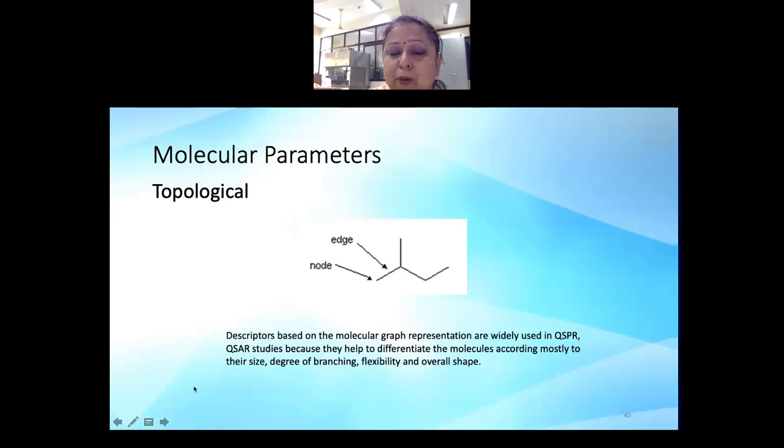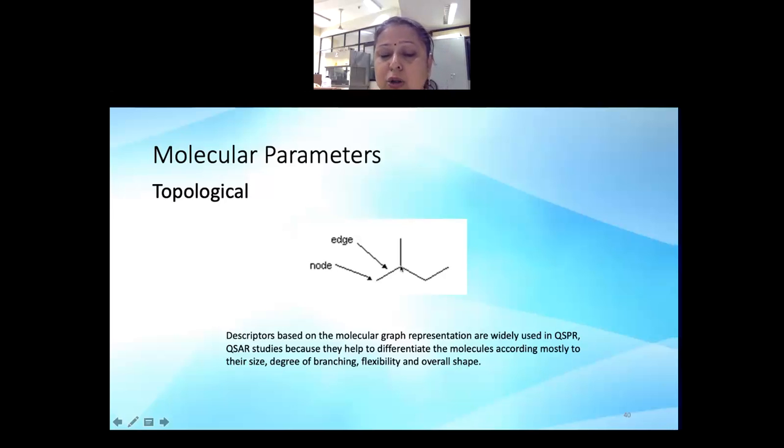When we consider topological parameters, if you consider a molecule in two dimensions, then these are the edges and these points are the nodes.